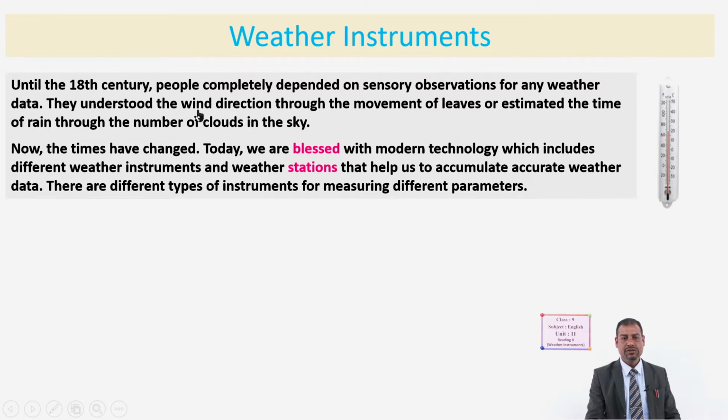They understood the wind direction through the movement of leaves or estimated the time of rain through the number of clouds in the sky. Now the times have changed. Today we are blessed with modern technology which includes different weather instruments and weather stations that help us to accumulate accurate weather data. There are different types of instruments for measuring different parameters.